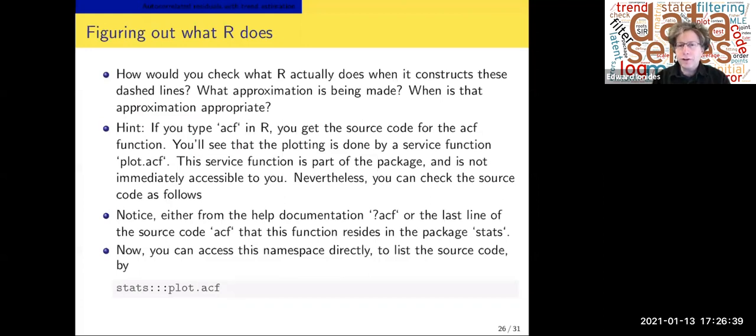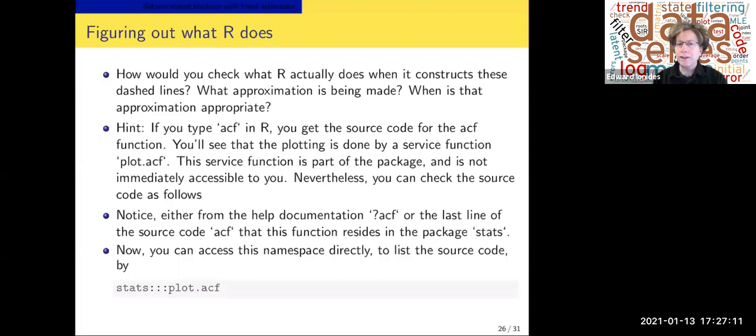The service function is part of a package. It's not immediately accessible to you, but you can find the source code of the package you've loaded. You have to find out what package it's in, and either from the help documentation or the last line of the source code, you can see that the function is in the package stats. Once you know that, you have to access that package namespace to find the source code.